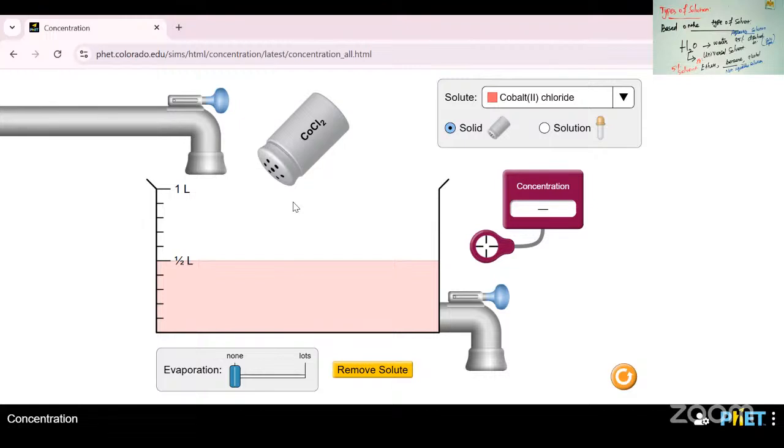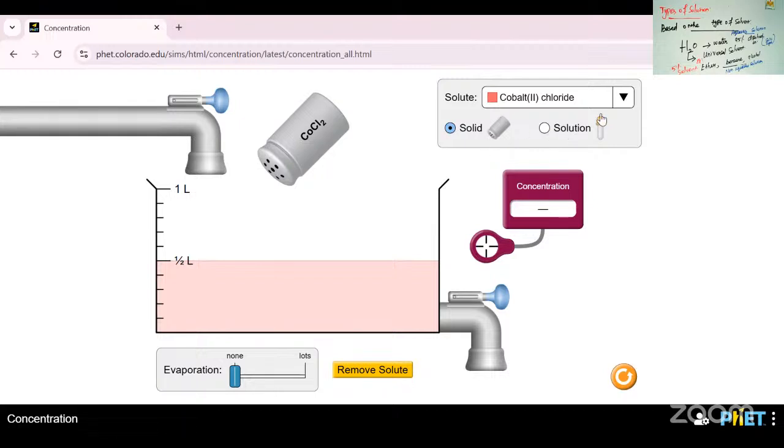What are the components of the simulation? This is the concentration indicating component: one beaker, with measurements indicated here, half liter and 1 liter. So this is a 1 liter container.